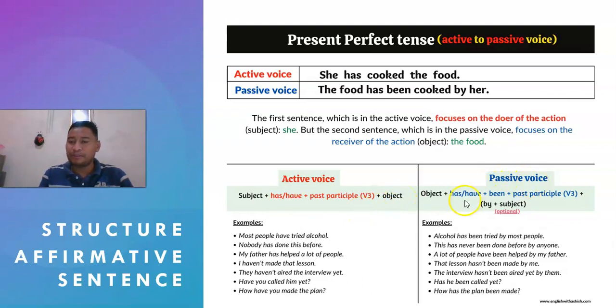In the passive voice, its structure is object plus has or have plus been plus past participle, or by plus subject. This is optional. Okay.